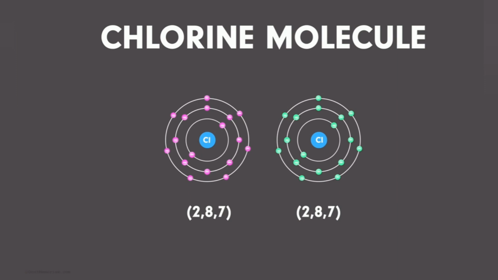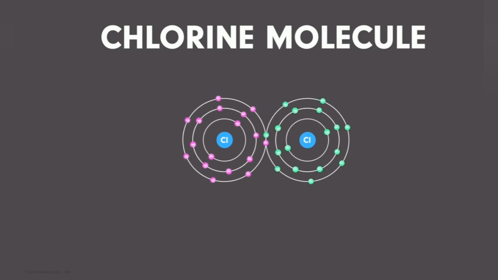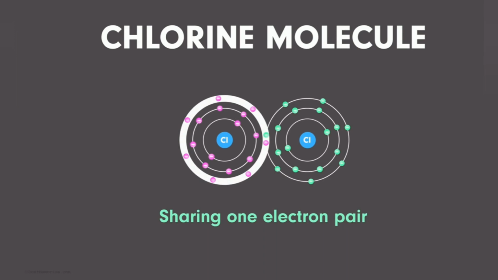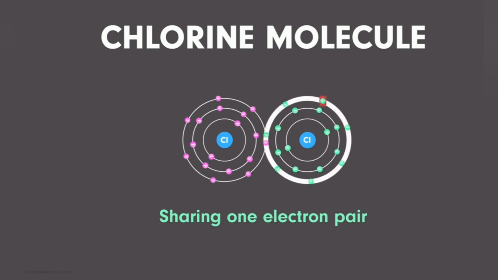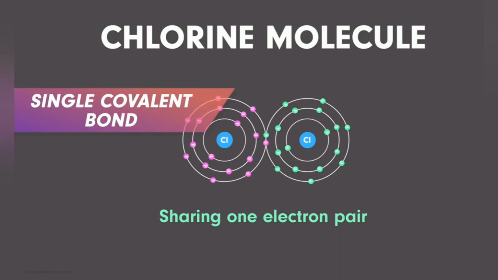Both of them want one electron each, and that is why we find two chlorine atoms coming together and forming a bond by sharing one electron pair. Now, if we look at this orbit individually, it has 8 electrons and this orbit too has 8 electrons. Stability achieved for the chlorine molecules. This was an example of a single covalent bond.